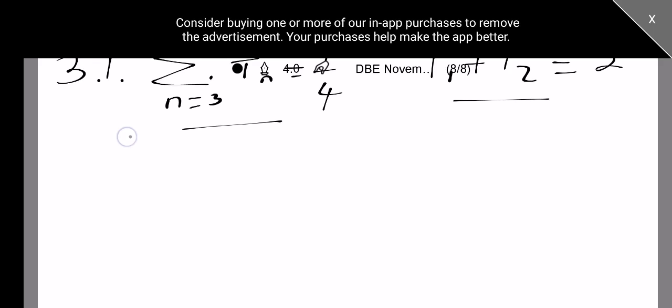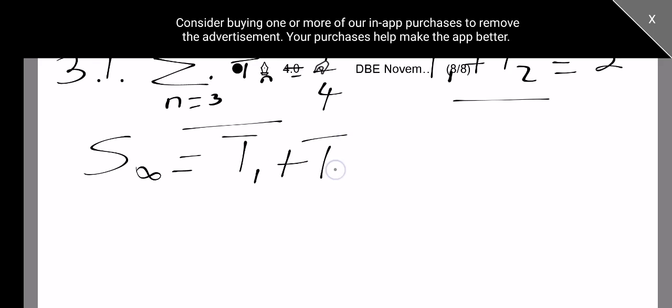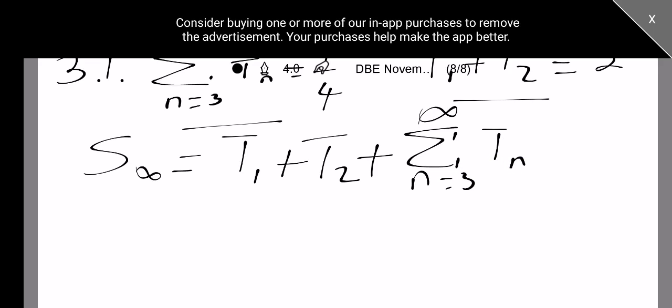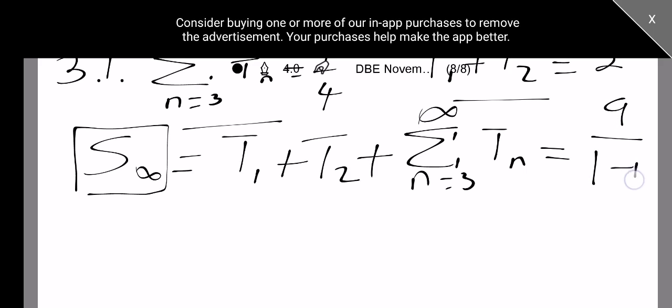So the sum to infinity is going to be equal to T1 plus T2 plus the sigma notation from n equals 3 of Tn, which is equal to the equation S infinity equals a over 1 minus r.